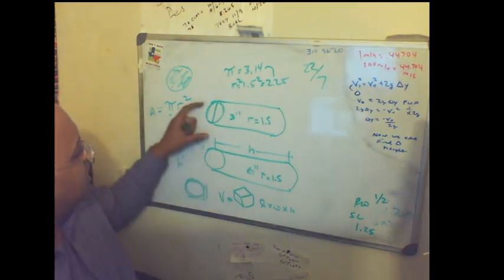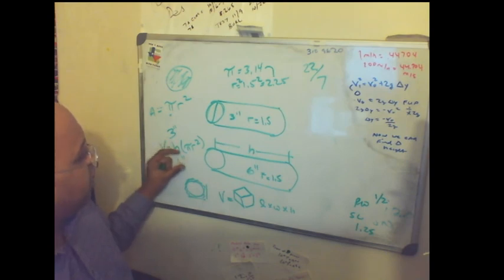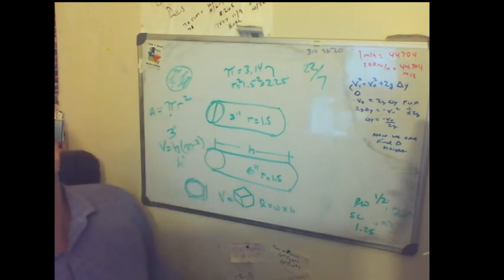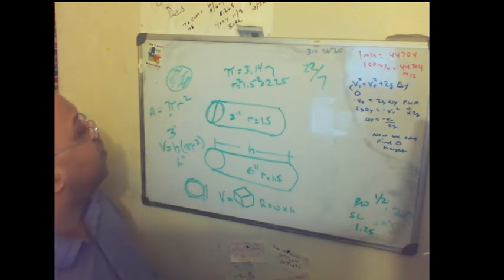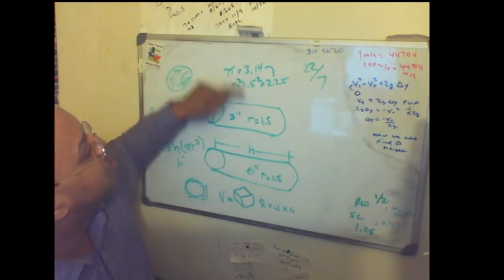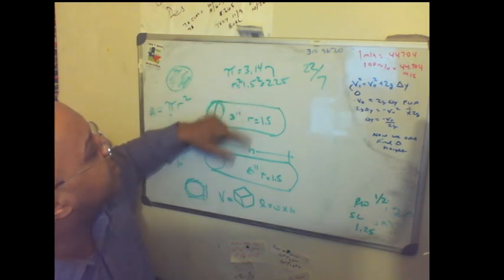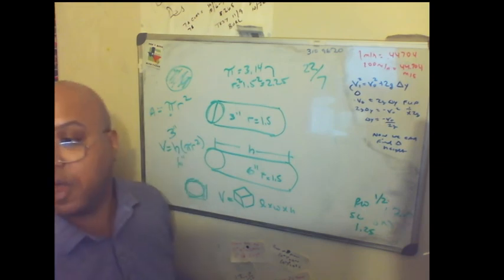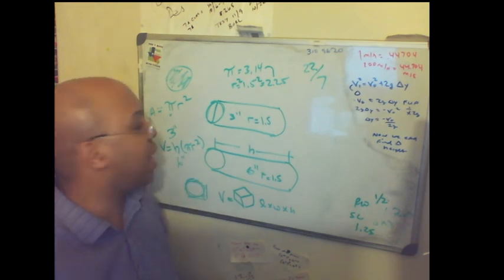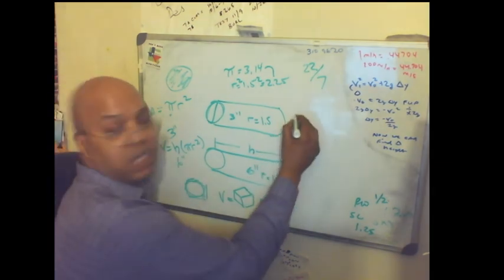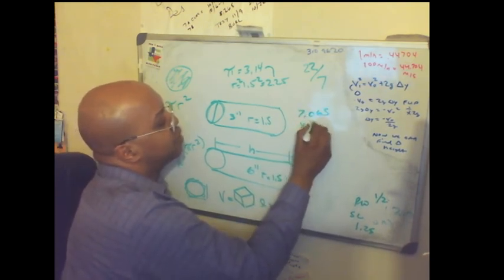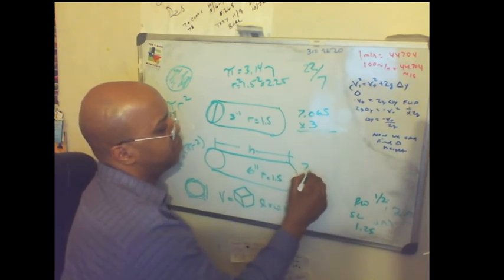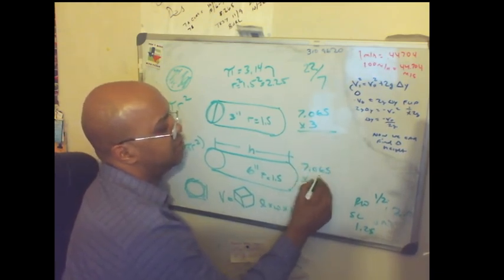Alright, let's continue with calculating the volumes of these. Joe got 7.065 for pi times radius squared, and then all we have to do is multiply that by the heights. So this would be 7.065 times 3, and this would be 7.065 times 6.